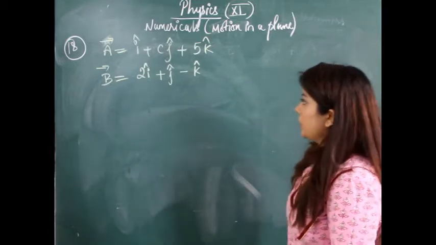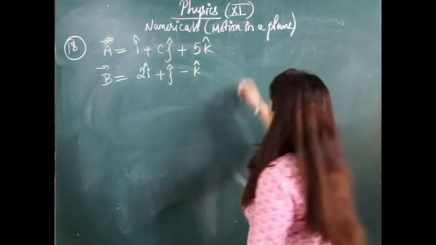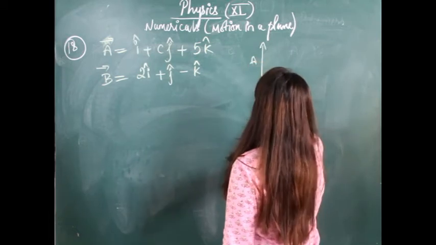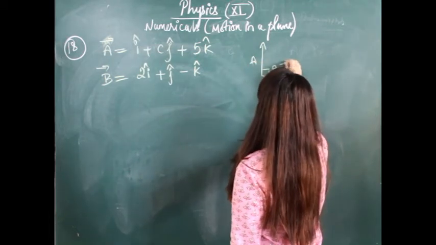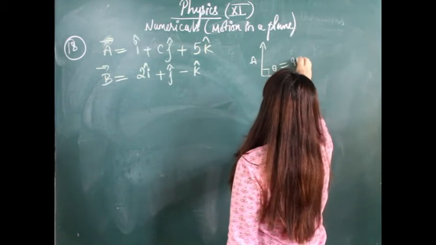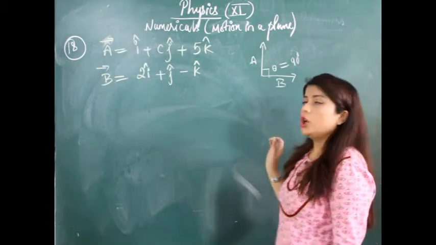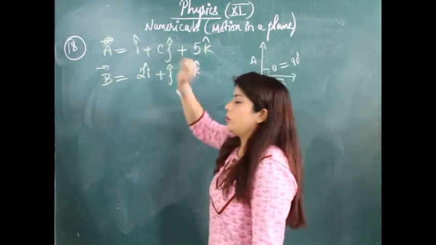What is given is that these two vectors A and B are perpendicular to each other, that means theta is 90 degrees. This is given in the question. Now what you need to find is the value of C.